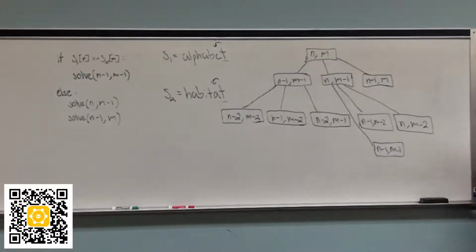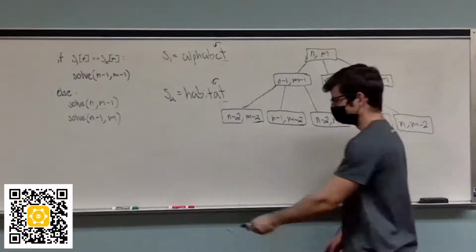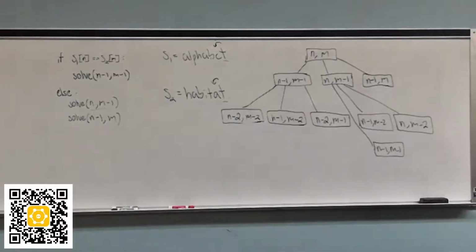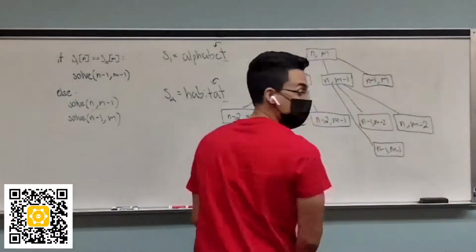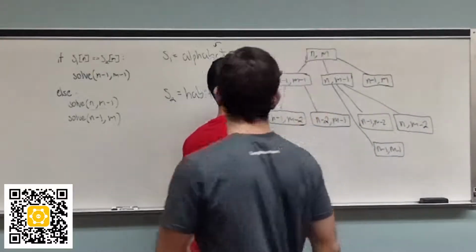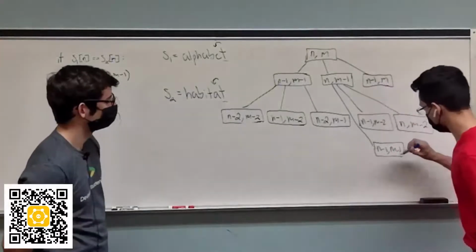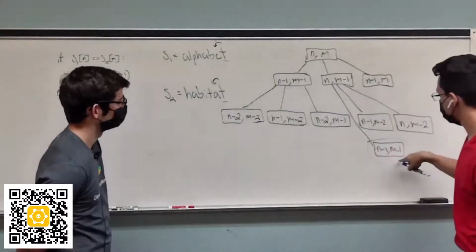What do you guys see here? Is there anything repeating itself here? Yes, n minus 1, n minus 1, and you see it again? Okay, perfect. Come up here and circle where it repeats itself. Look at this right here.